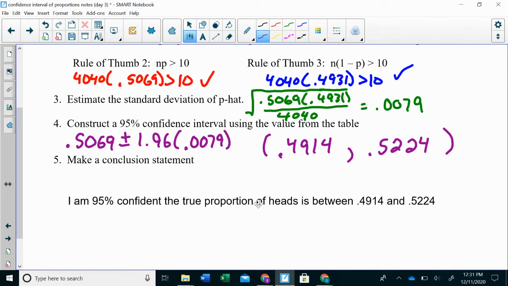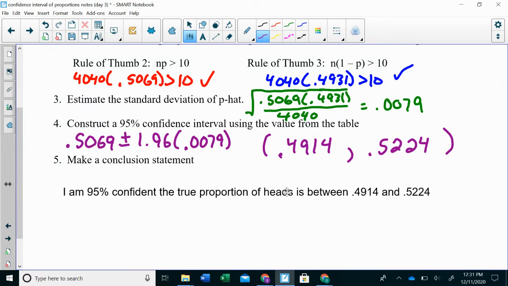Count Buffon's proportion does fit within that range. So we do not have the evidence to claim that that coin was unfair. So we're continuing to build off of and using prior knowledge, and we're adding to it this concept of confidence interval.